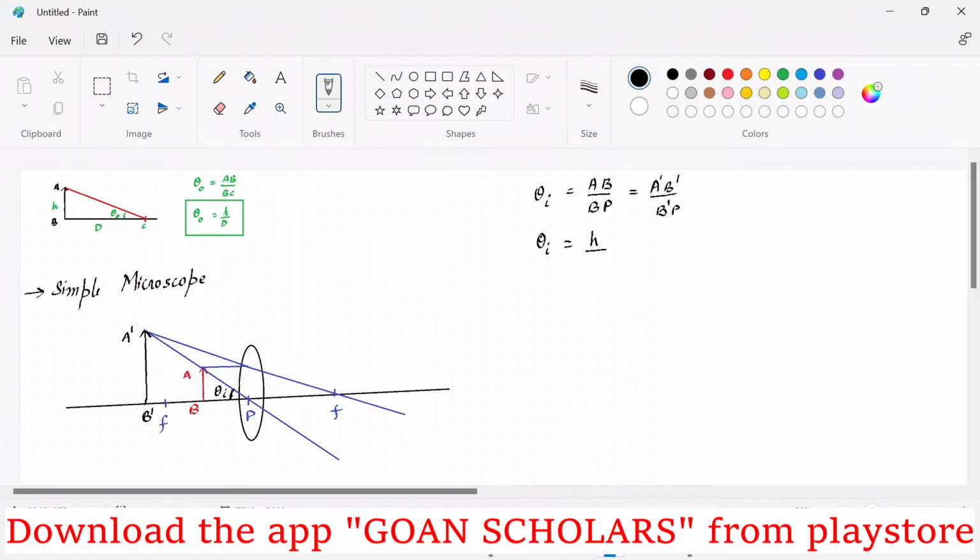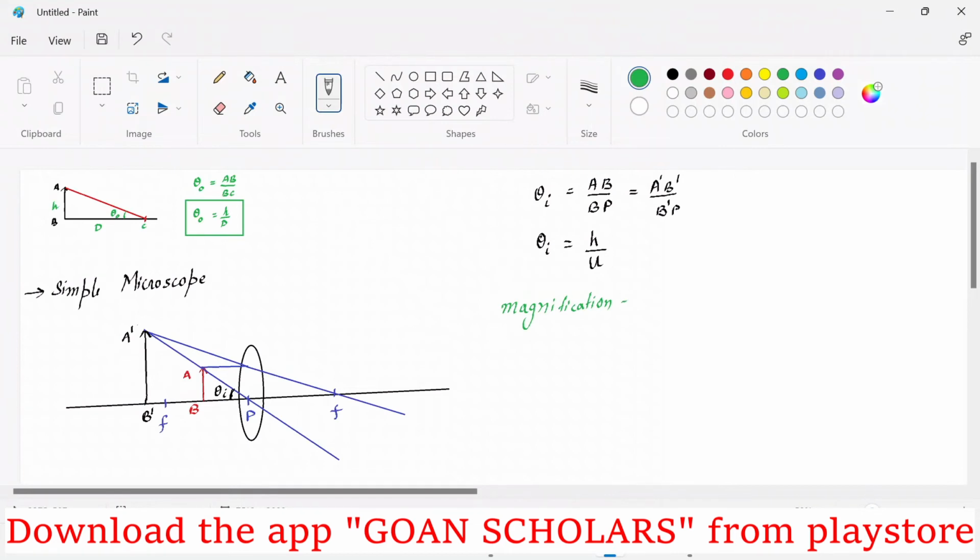Great. So, can we find the magnification? Let me define the formula for magnification. Magnification basically here is angular magnification and not linear magnification. Linear magnification we know was V by U, correct?